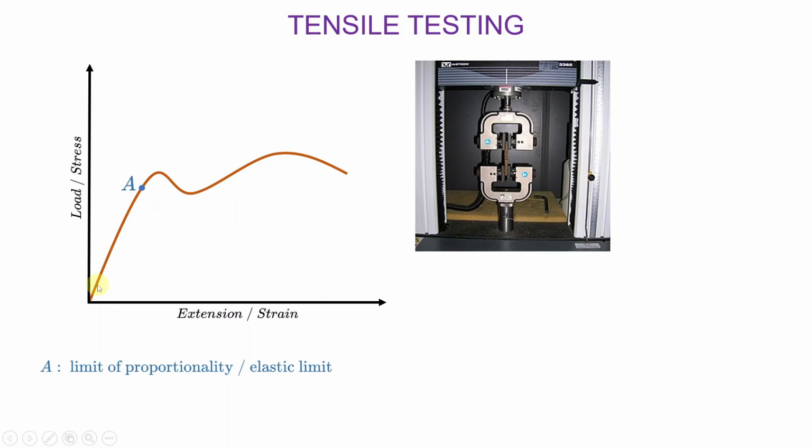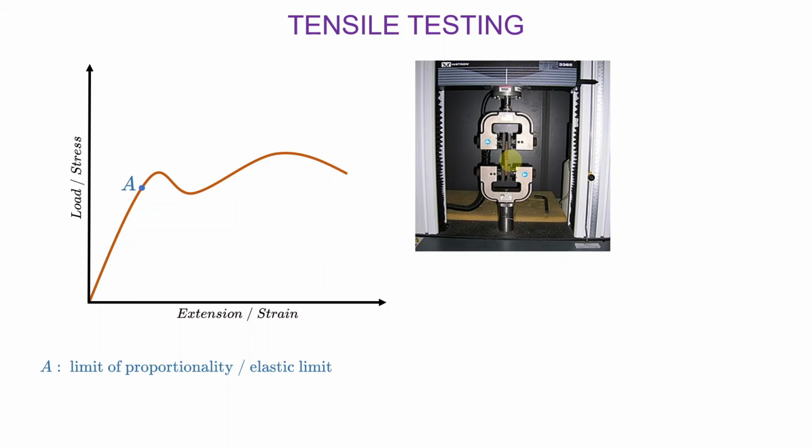Okay, so let me just use examples to try and make it clear. Let's say if you apply 10 kilonewtons to this object, okay, you apply 10 kilonewtons tensile loads to this object. The object then stretches by, let's say, 1 millimeter. Then if you apply 20 kilonewtons, it will stretch by 2 millimeters.